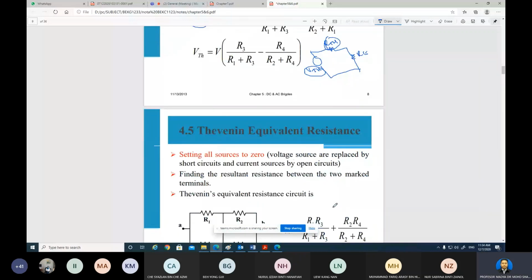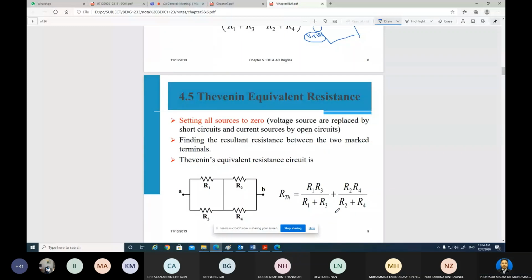When we want to calculate the Thevenin equivalent resistance, we set all sources to 0. That means voltage sources are replaced by short circuits and current sources by open circuits.